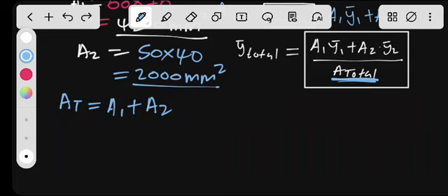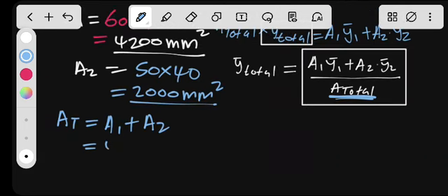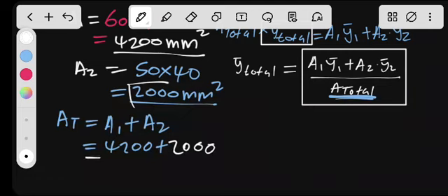All right, then we can add up these two. We have 4200 plus this area there, 2000. Then our total area will be 6200.